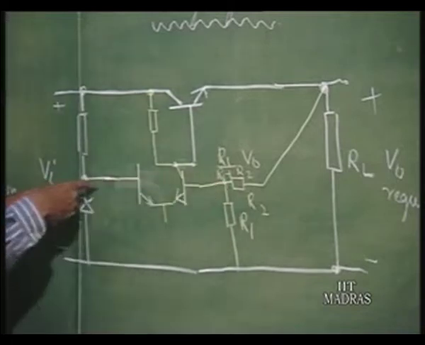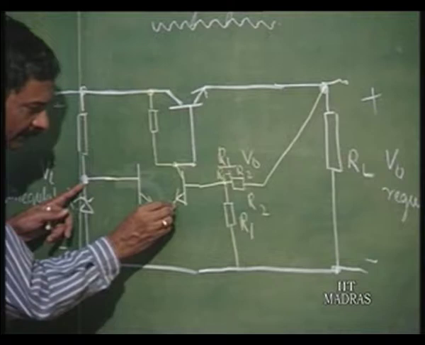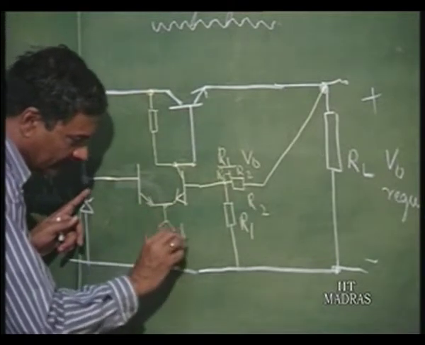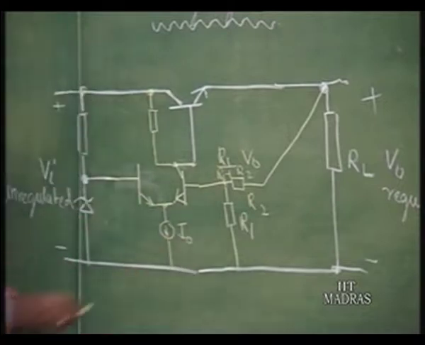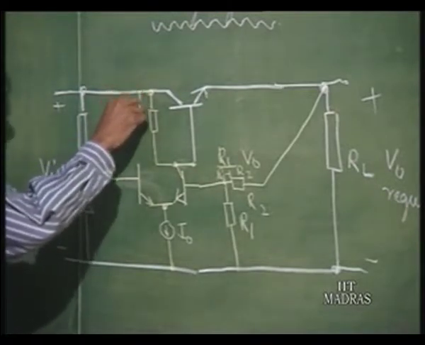This is a comparator which is nothing but a differential amplifier here, and let us say we are putting this as I naught. This I naught could be a current source which we can derive, we know how. So, this could be directly connected here.